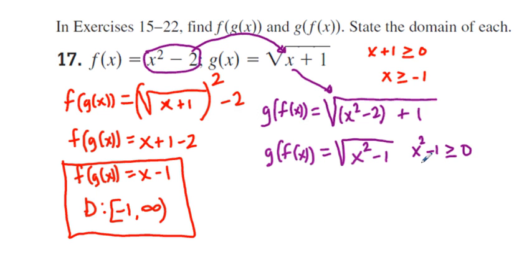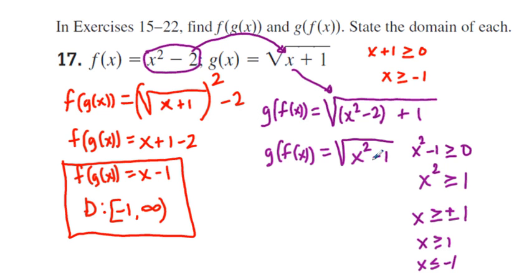When we add 1 to both sides, we have x squared is greater than or equal to 1. And when we take the square root of both sides, we have x is greater than or equal to plus or minus 1, which translates to x is greater than or equal to 1, or x is less than or equal to negative 1.